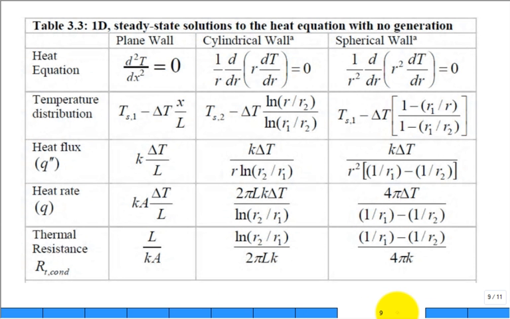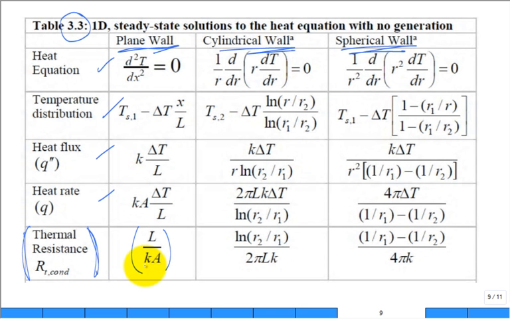So there's our table 3.3. You'll notice that for the slab, the cylindrical wall, or the spherical shell, I would call it not a wall but a shell, you have the thermal resistance. There's a number of other things: starting equation, temperature distribution, heat flux, heat rate. But L over kA, kind of a bottom line for the thermal resistance.